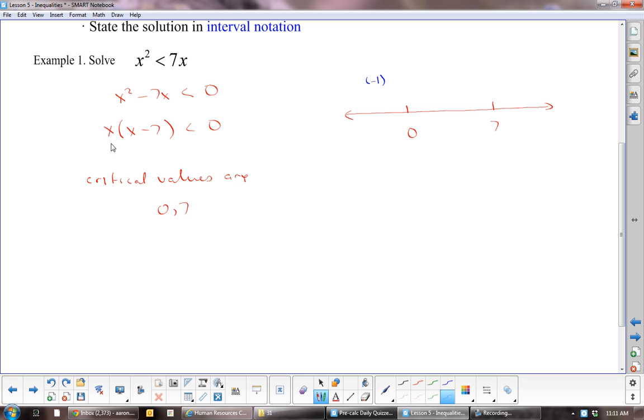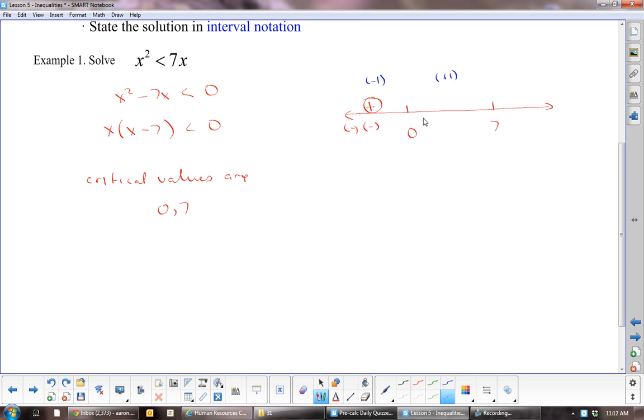It does make it easier when you put it in this equation. So if I put a -1 in here, positive or negative? -1 minus 7 is what? Negative. So this would be a negative times a negative, which equals a positive. Okay? Next one. What's a test value in here? 1. Okay? So just so you don't forget, I'm just going to put my positive 1 there.